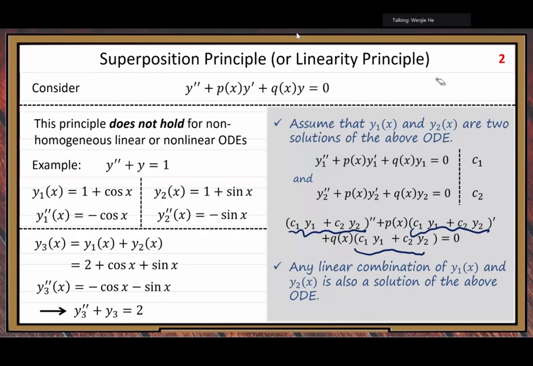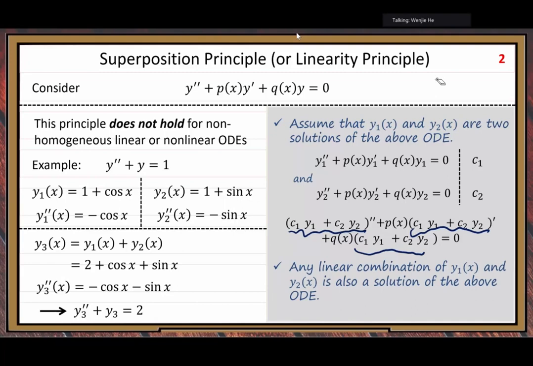This slide, we look at the linearity principle or superposition principle. In order to make this principle work, the first condition, we should have a linear homogeneous ODE.